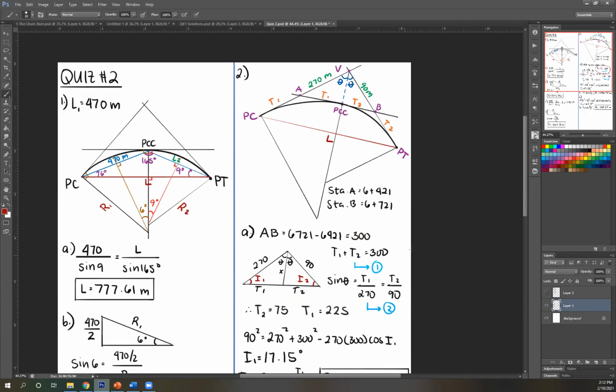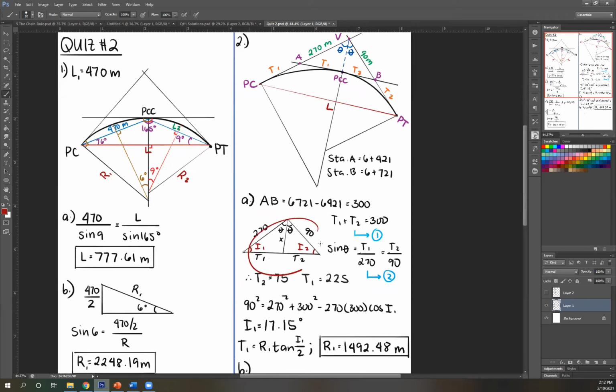Okay? Next, second equation you get from this right triangle. So what you can do here, this is an angle bisector.